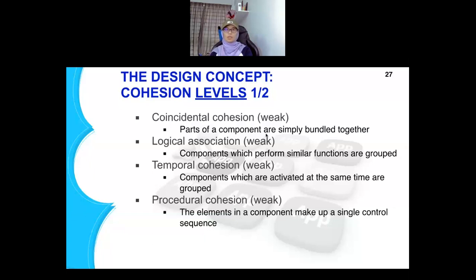So in cohesion, we have 4 types that are weak cohesion, even though it fits together, because it is bundled together. If one system is hacked, it can go to the other system. You break one and then you can go for the other databases also.